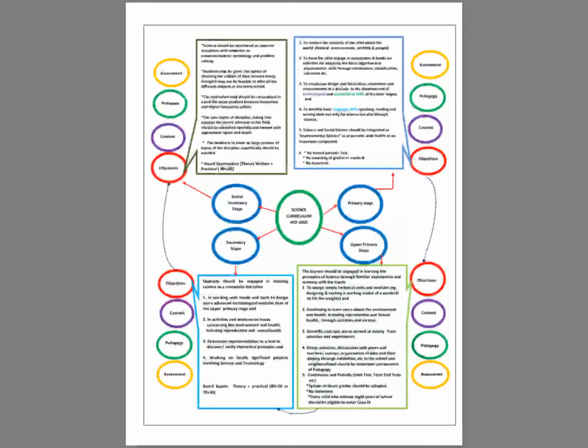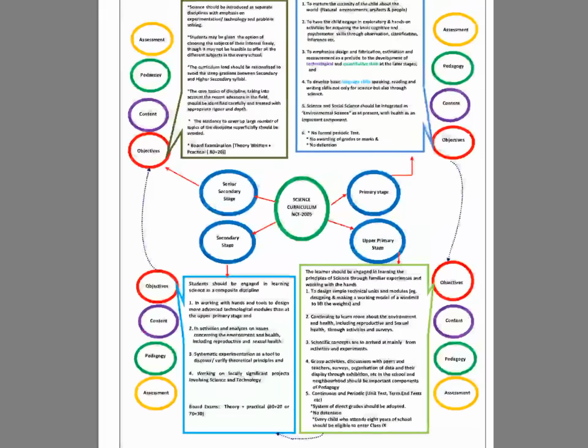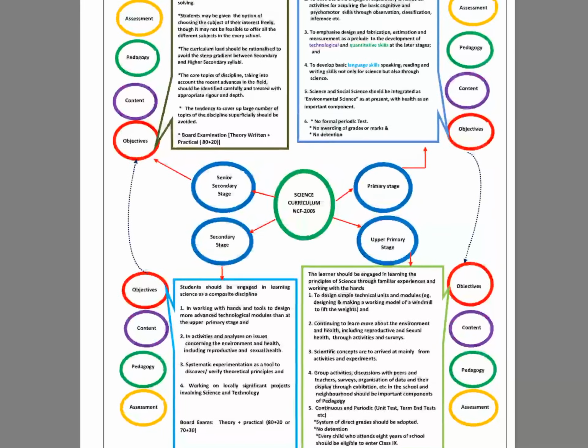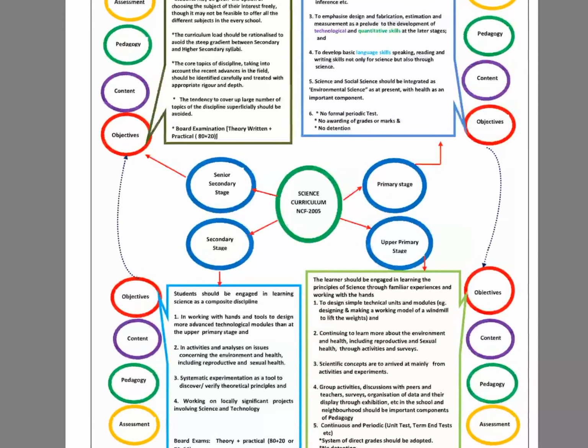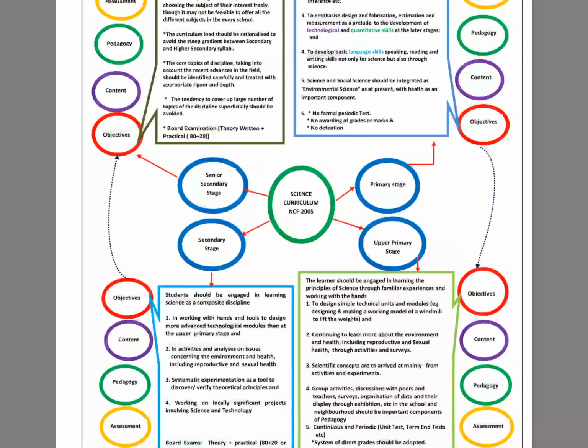So now in this presentation we are mainly going to see how the science curriculum, or the aims and objectives of that science curriculum, are there in the senior secondary stage of education, the secondary stage, the upper primary stage, and even the primary stage of education.